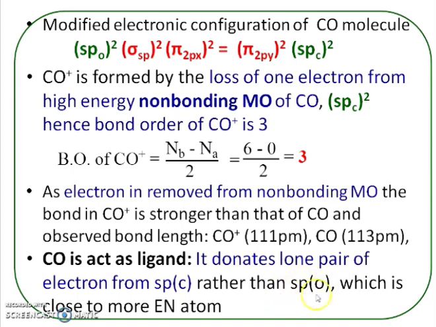The reason is that this non-bonding electron pair is very close to the oxygen atom, which is more electronegative, and therefore it is difficult to lose that electron pair, and therefore carbon monoxide generally donates a lone pair of electrons from the sp hybrid orbital of carbon.